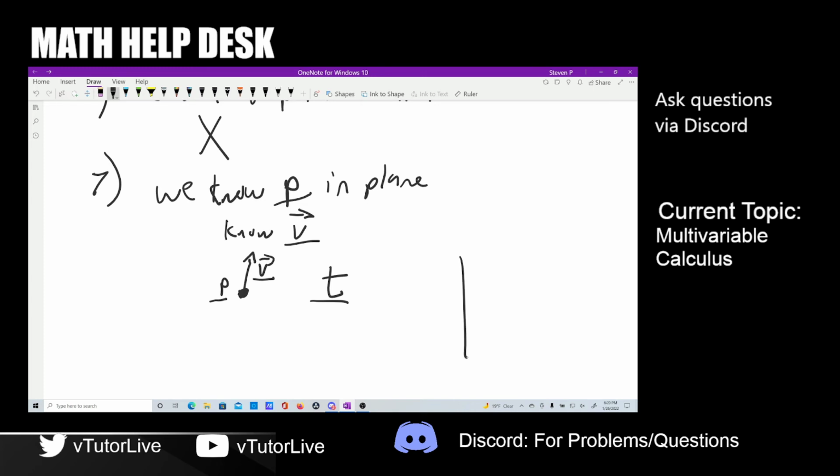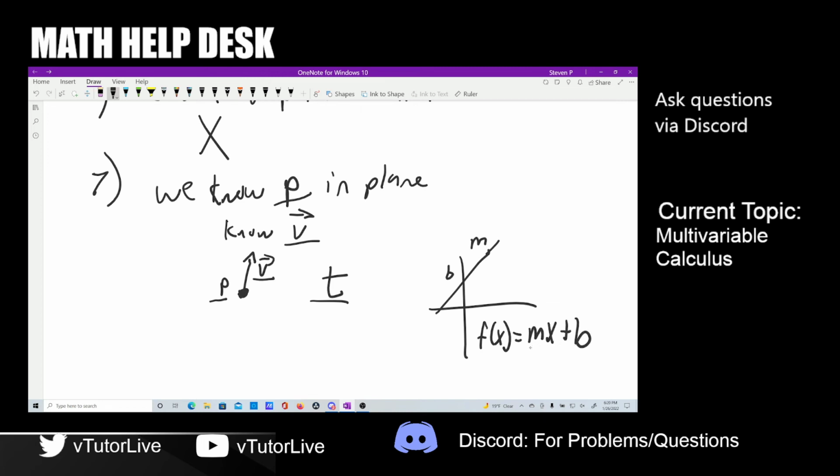I'll give you a single variable 2D example: if I know the intercept, that's b, and I know the slope is m, I would say f of x is equal to the slope times x plus b.